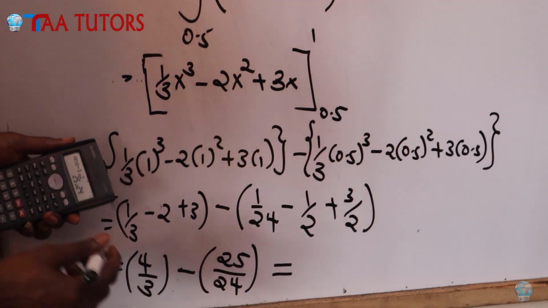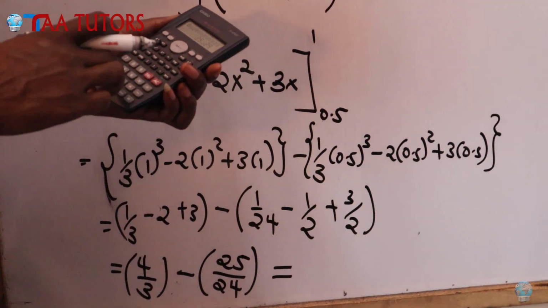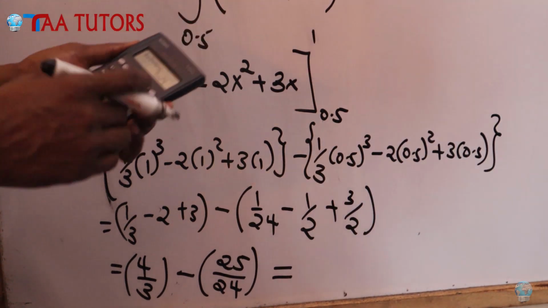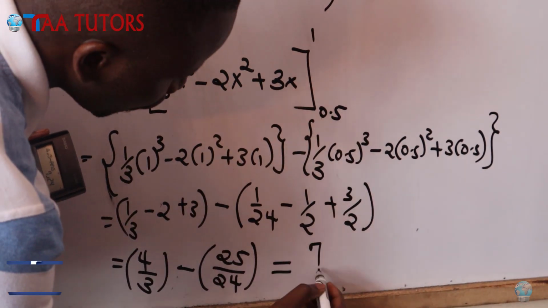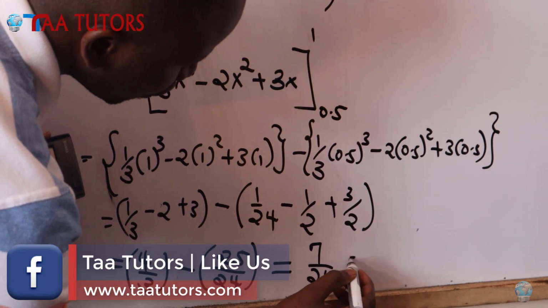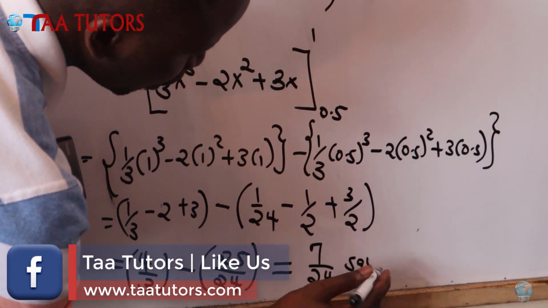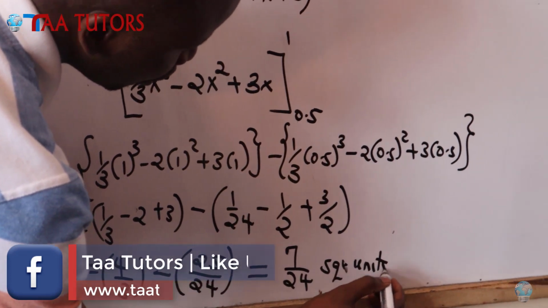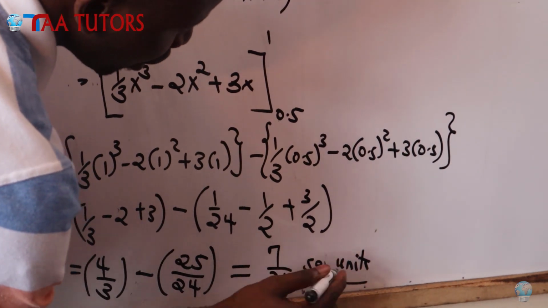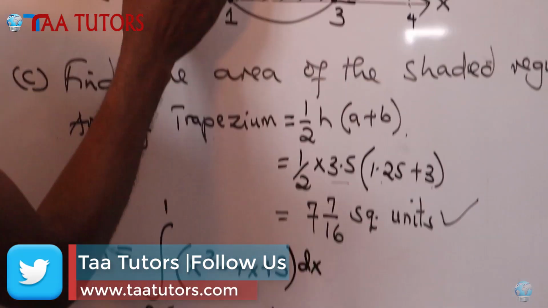So 4 over 3 minus that, the answer is 7 over 24 square units. So this one here is the area of this small part here.